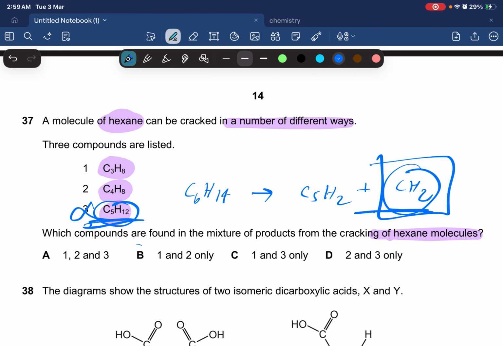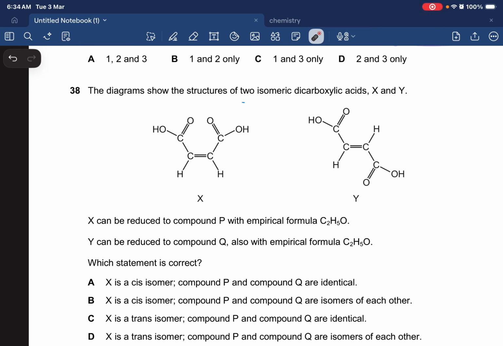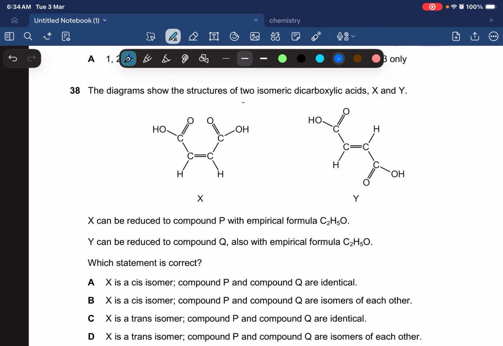So 1 and 2. The diagram shows the structures of 2 isomeric dicarboxylic acids, X and Y. The unique thing about the structure is that in the center we have a carbon double bonded carbon. On the upper side we have a carboxylic group, and we have 2 carboxylic groups on this side, right?